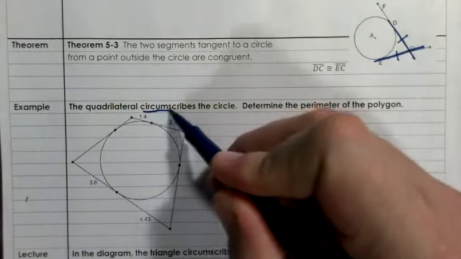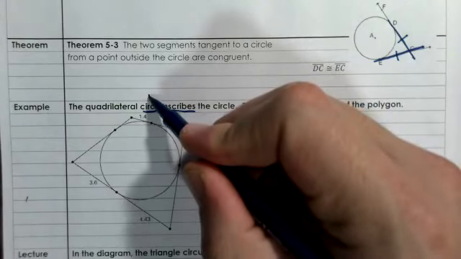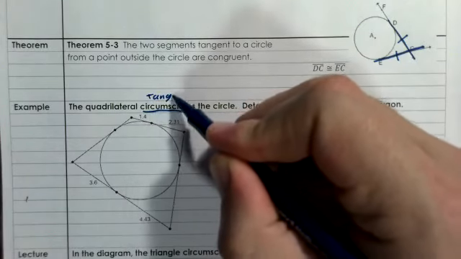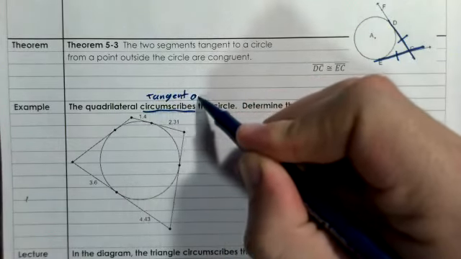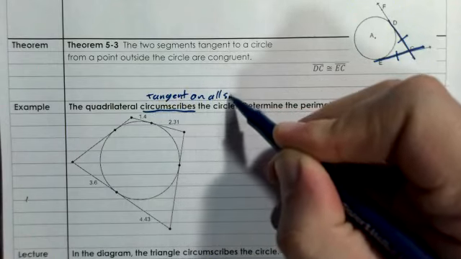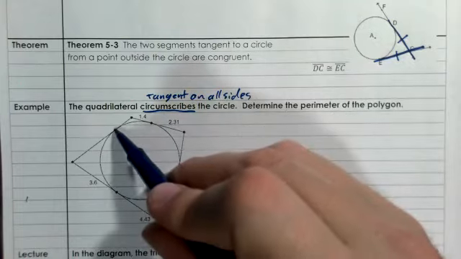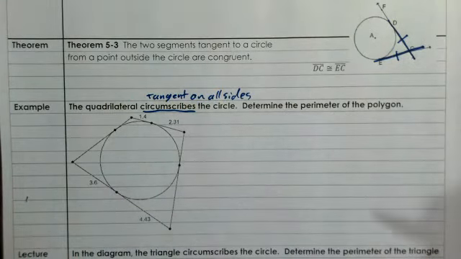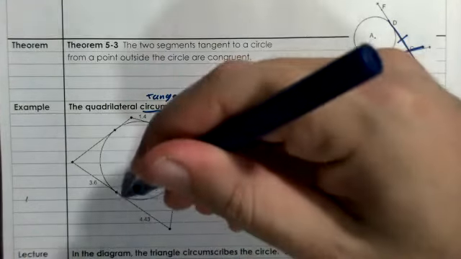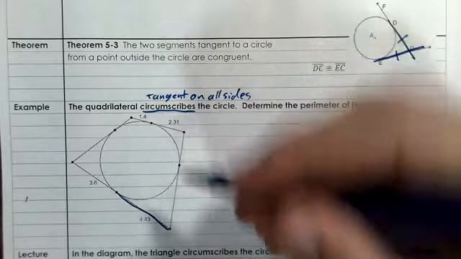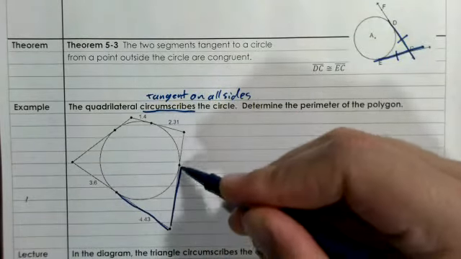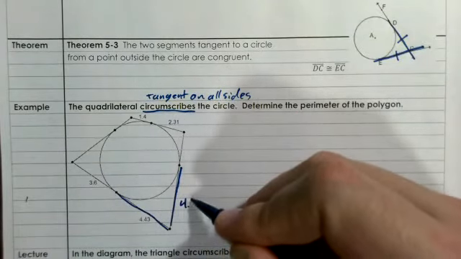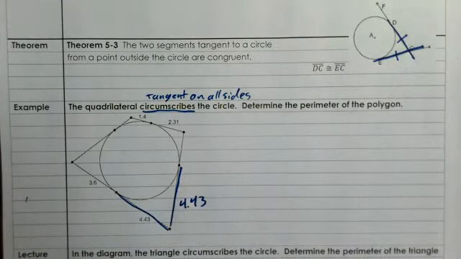Circumscribe means that it is tangent on all sides. So I know this is a point of tangency, this is a point of tangency, and this is a point of tangency. And what that tells me by that theorem is that this line and this line have to be the same. So 4.43.